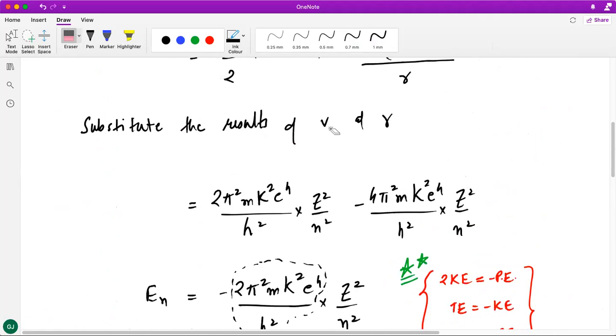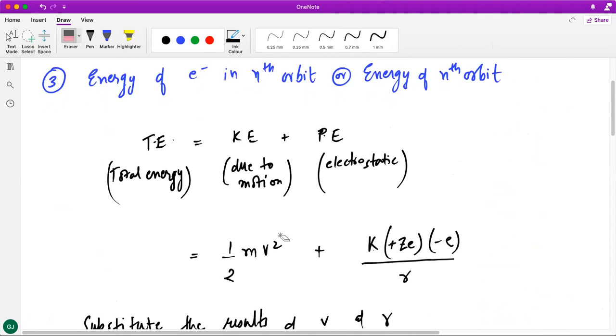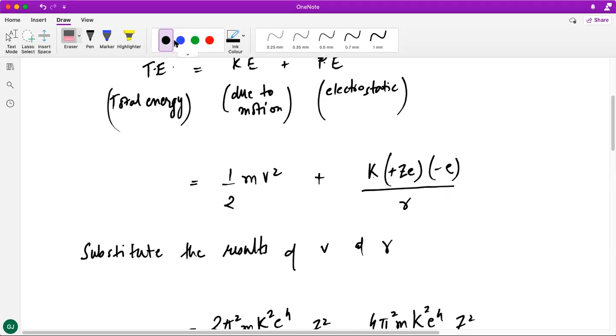we had started with writing total energy as kinetic energy and potential energy, and the formula for potential energy that is being used is k q1 q2 by r, and we substitute the signs as it is.